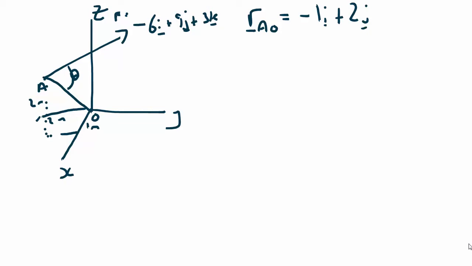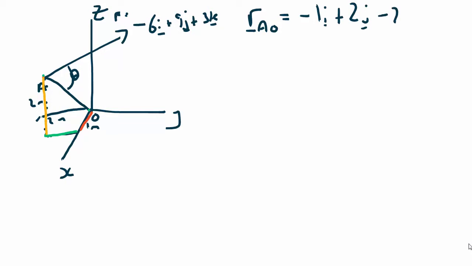So in the i direction we're going from A, which is here, backwards 1. In the j direction, from A to O, we're going to go +2. And in the k direction, we're going to go down -2.